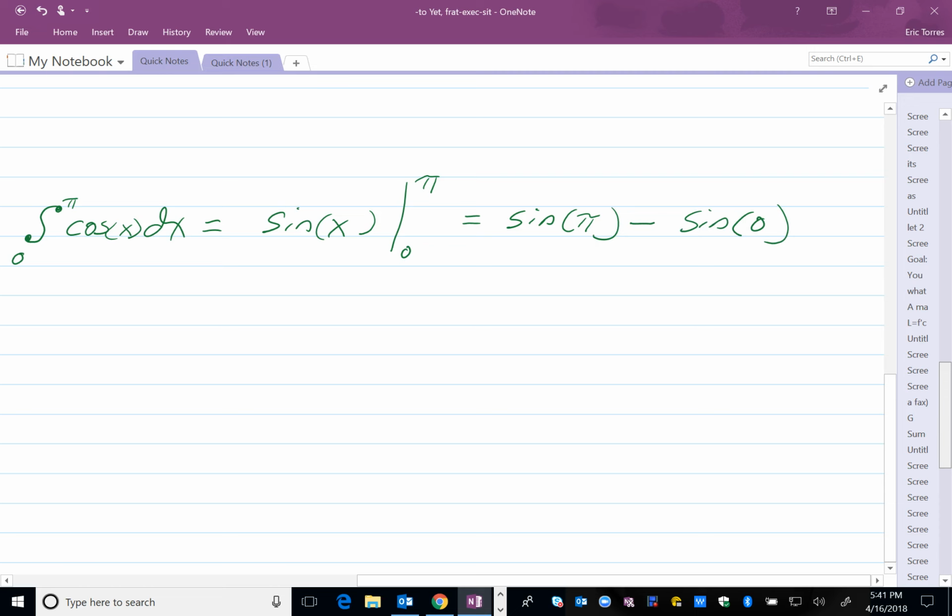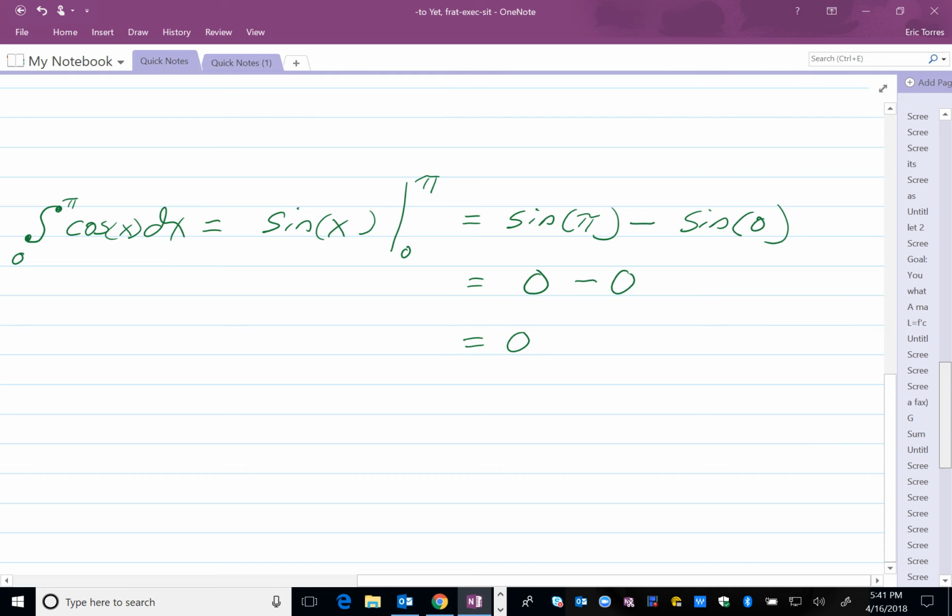Okay, so let's see. The sine of pi, you should recognize, is in fact 0, minus the sine of 0, which is also 0. So my total accumulation is 0.